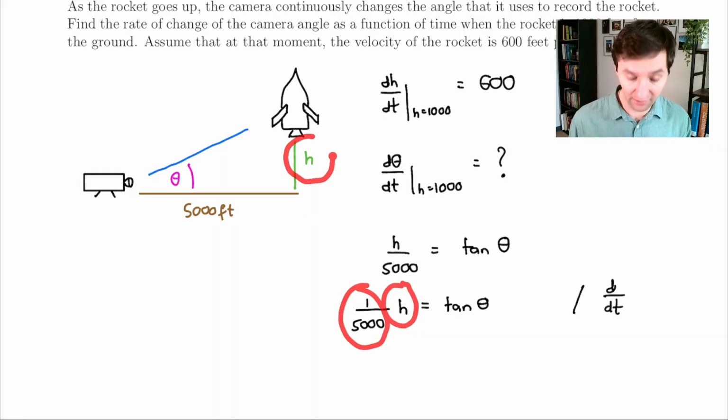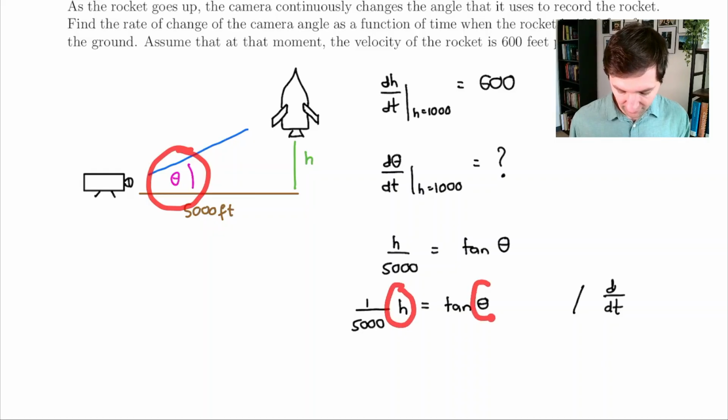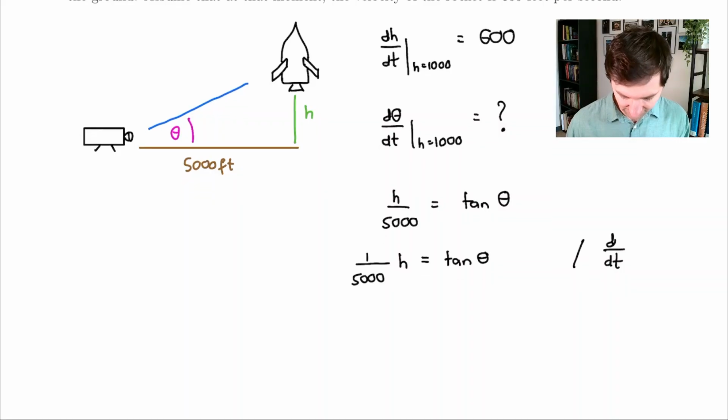That's why I gave it a letter in the picture and I didn't name it by 1,000. Similarly, theta is a function of time. So both h and theta are functions. When I take the derivative on the left side, I use the constant multiple rule. I rewrite the number and then I take the derivative of h and I get dh dt.